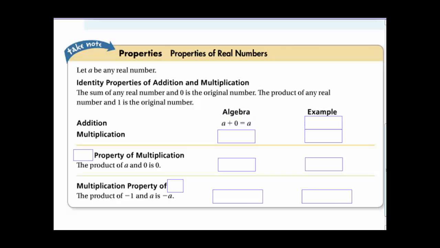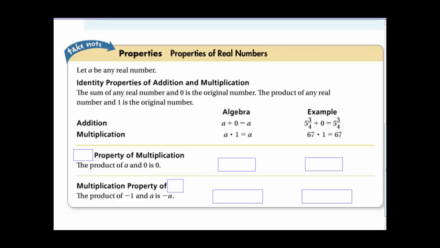So A plus 0 equals A. I know the example's ugly, but 5 3/4, 5.75, plus 0 is still 5.75. For multiplication, we have to multiply by 1 to get itself. So A times 1 still gives us A. The example would be 67 times 1 is still 67.